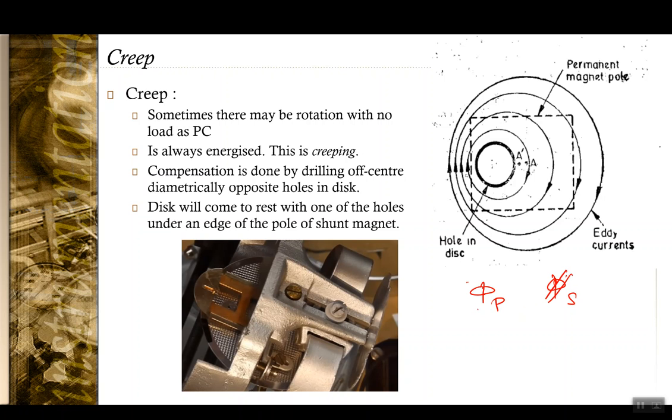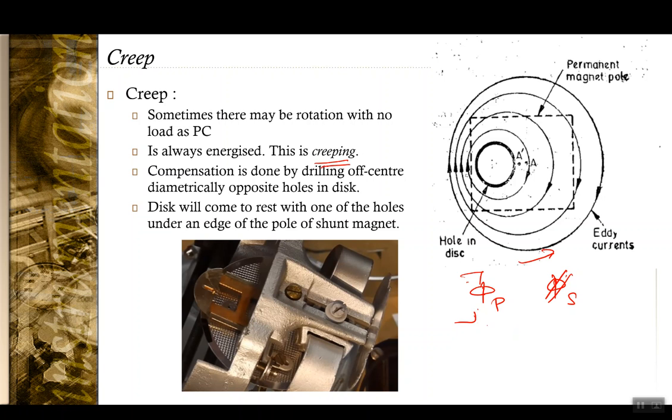Ideally this flux alone should not be producing any torque. However, since it is always energized, it can interact with some other current flowing through the circuit, and there may be a very slow rotation of this disc. This is called creeping.